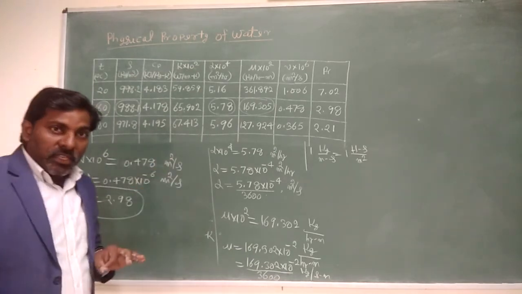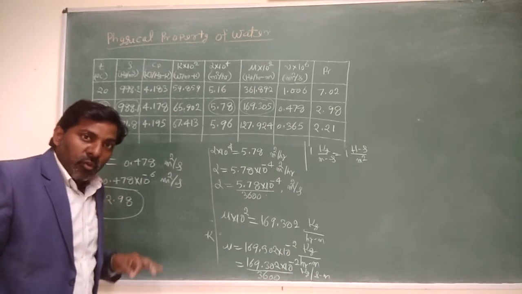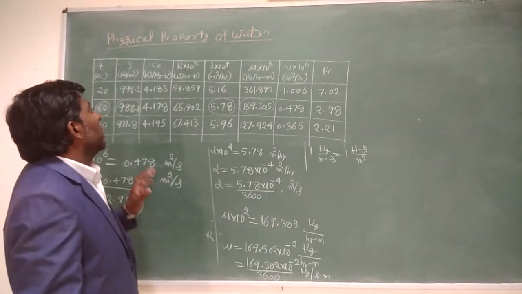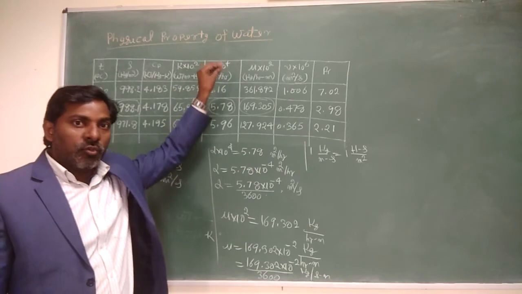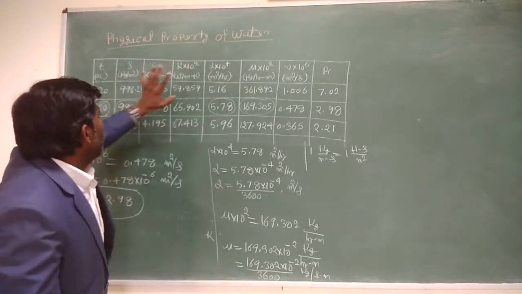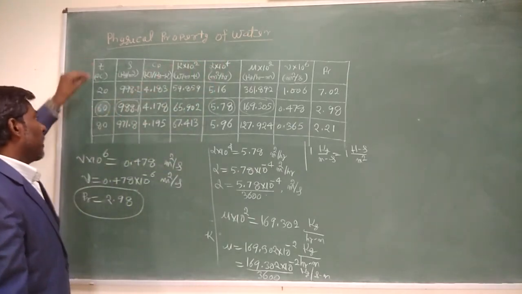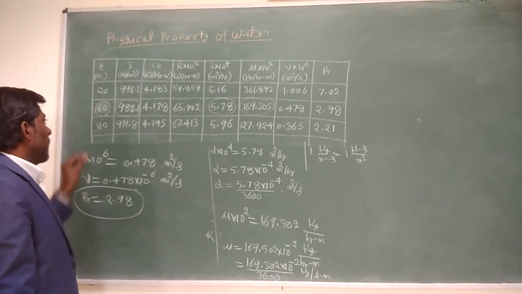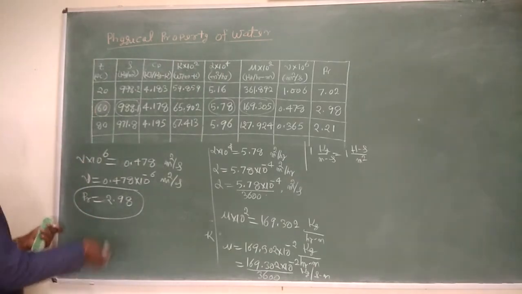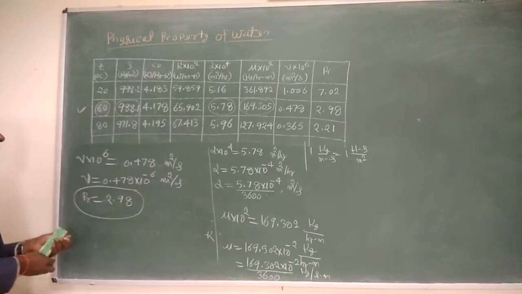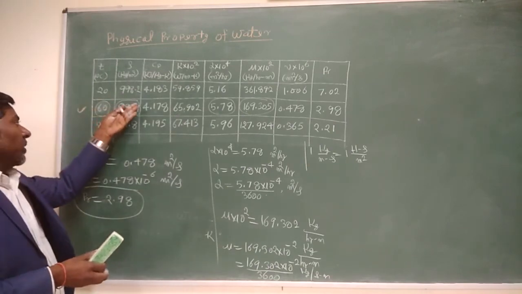So whatever fluid is given, you have to go into the appendix and see the physical property table for that fluid. Then you have to see very carefully. First calculate the mean fluid temperature. Then you see which row should be selected. I have taken this row to make you understand.